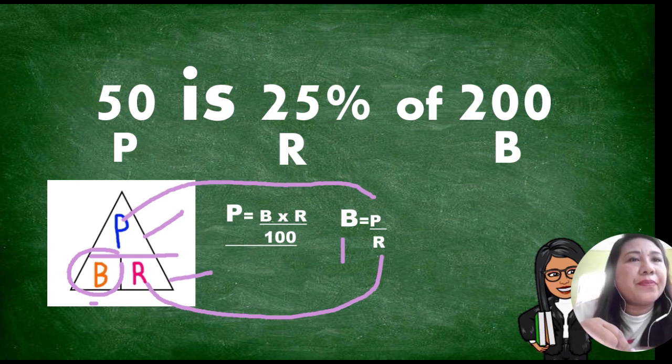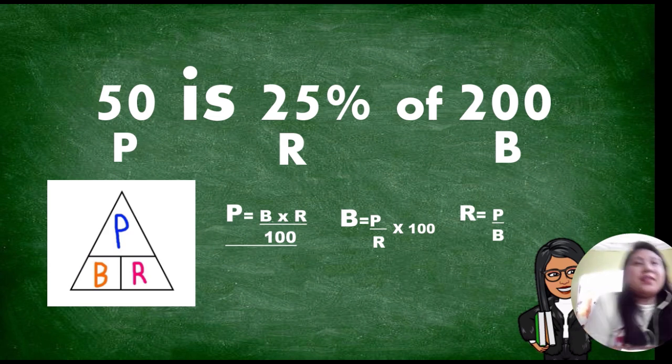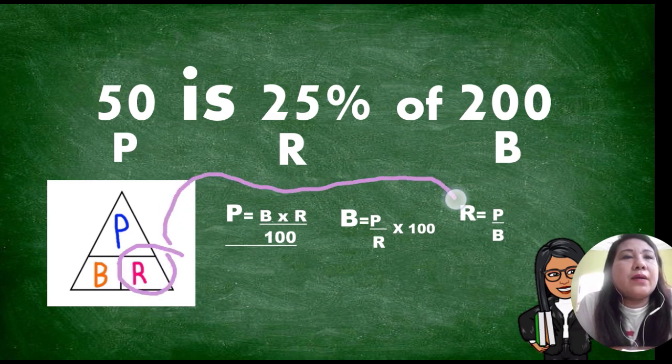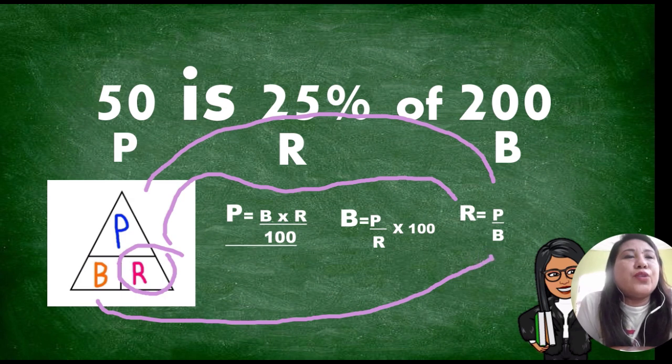Okay. Of course, B is equal to P divided by R times 100. So R, rate, is equal to P divided by B. So this is missing R. So R, P divided by B to make it the rate.